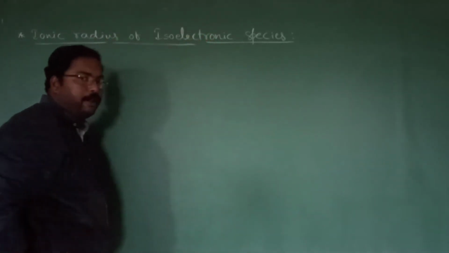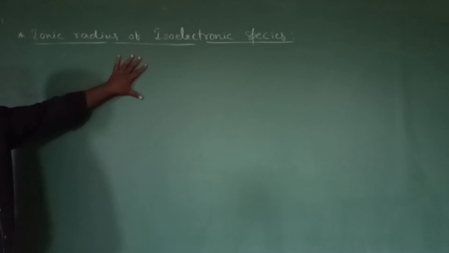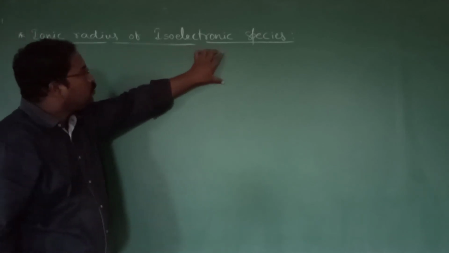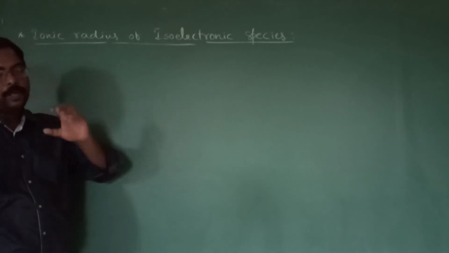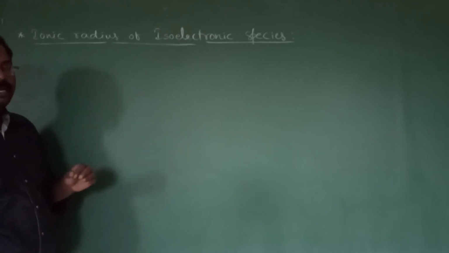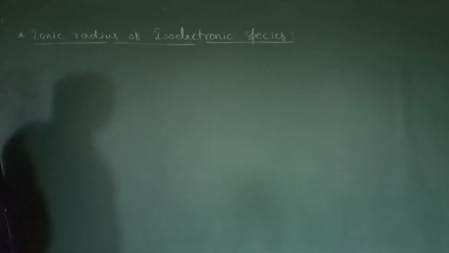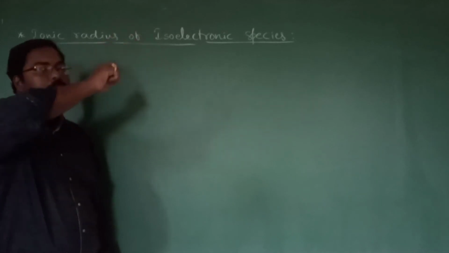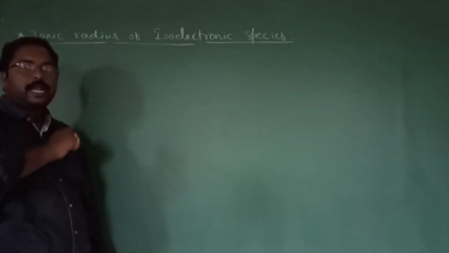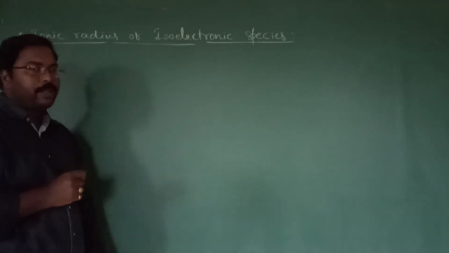We already discussed about this word. Isoelectronic means having same number of electrons. Right? So in such cases, what about the size comparison? Already in the atomic structure lesson, I gave the list of isoelectronic species. Two sets of a series of isoelectronic species I gave.